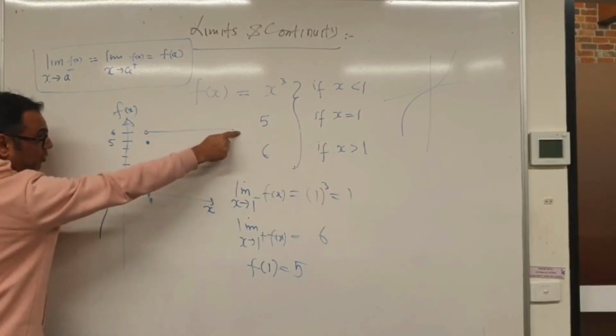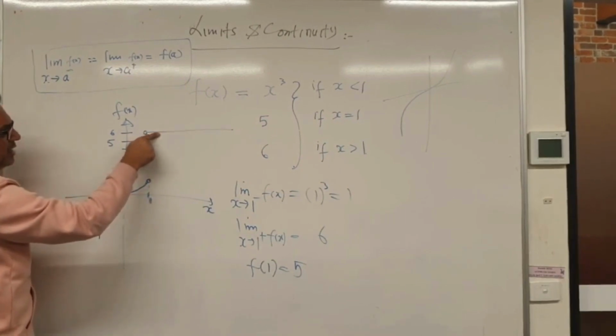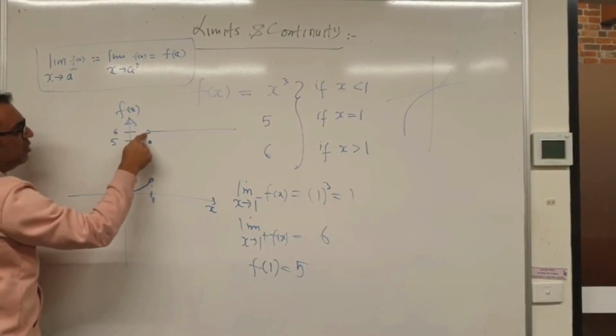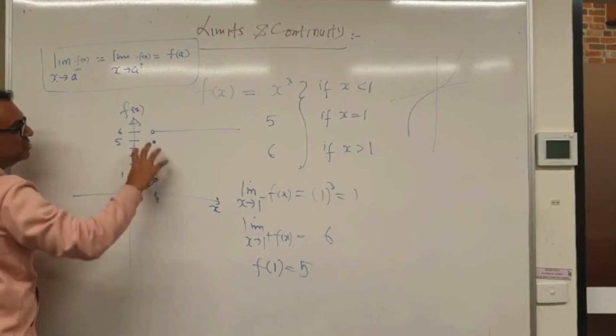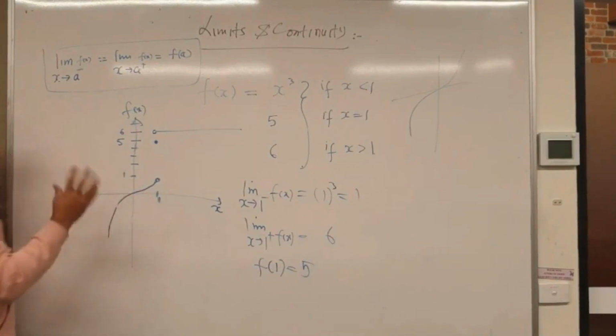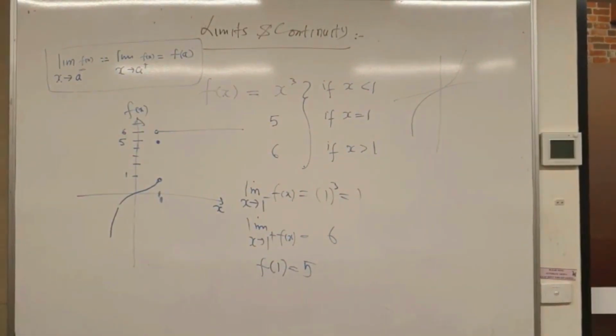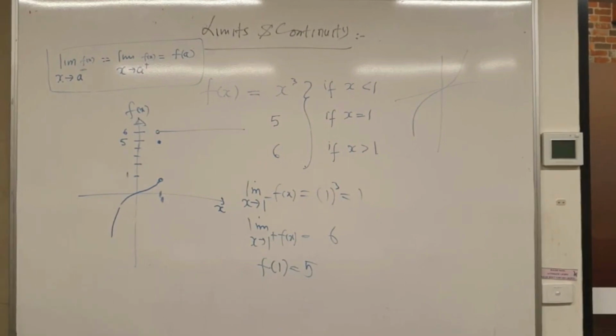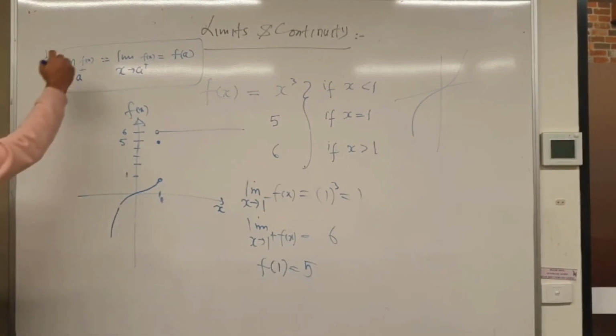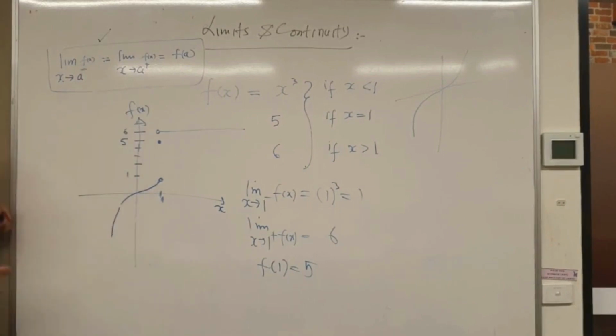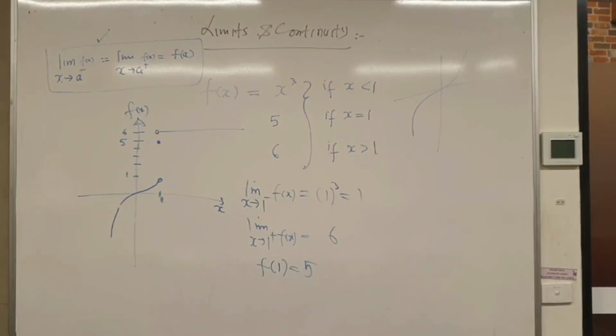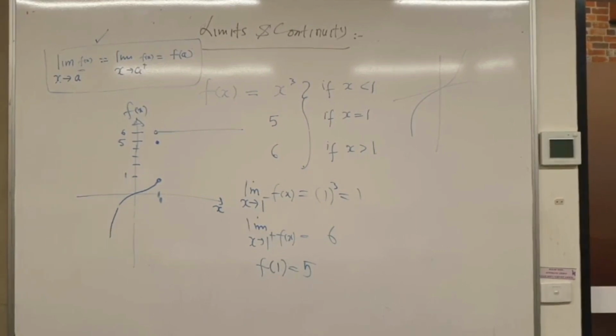And if I had approached from the right side, it should have given me a 6, but no, 6 is not there. So this function has some discontinuity at 1. Again, you need to validate this in order to prove that the function is continuous. Make sense?